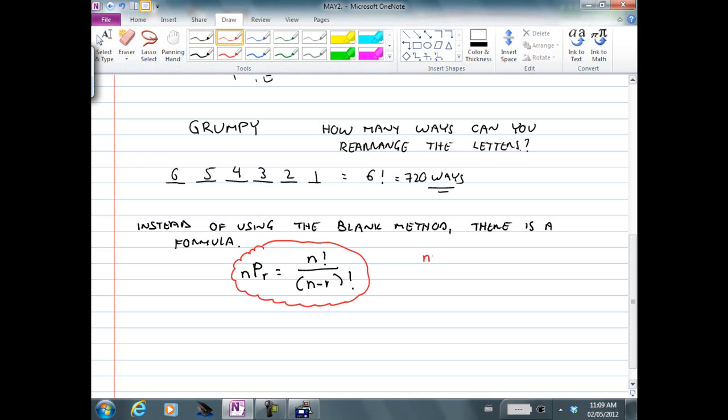n stands for the total number of choices. That's what n stands for. What is n minus r? r equals how many you want. I'm going to show you how to use this formula.